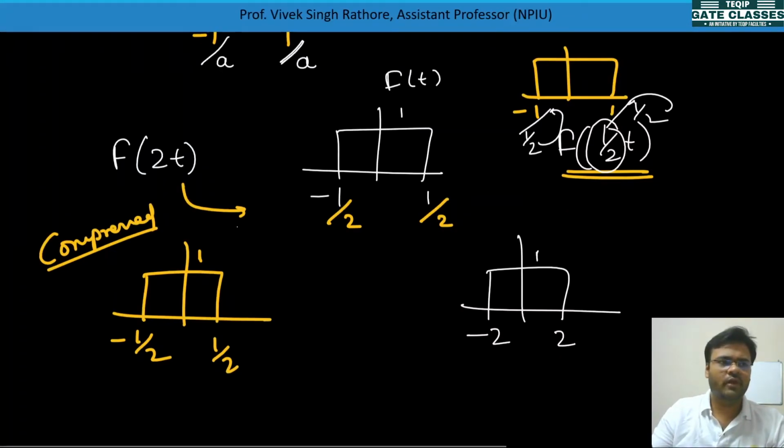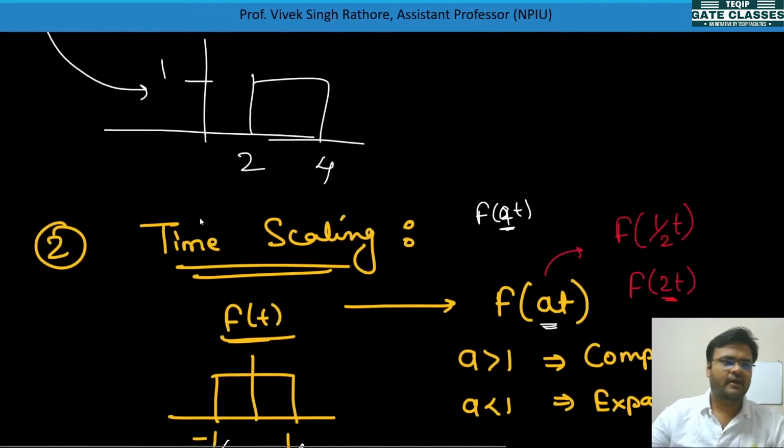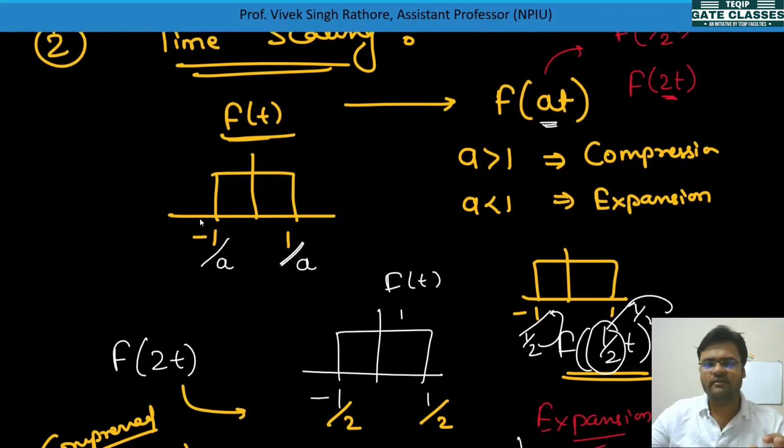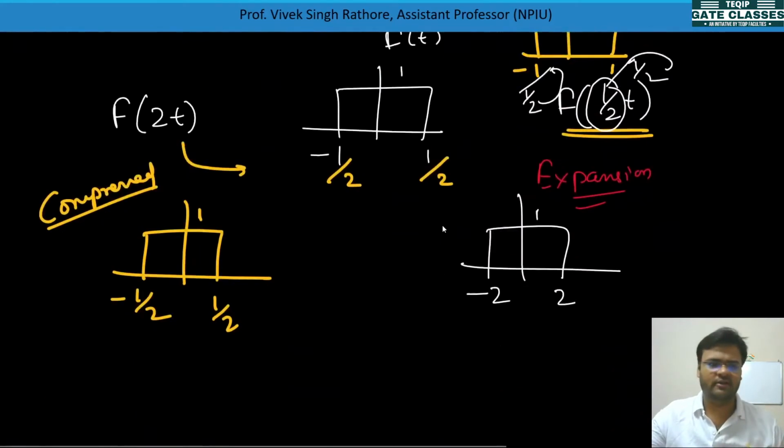So you will get to know that this signal which was earlier -1 to 1 is now -2 to 2. So this signal has been expanded. So what I was saying is that whenever we do time scaling, we need to see if a is greater than 1 or a is less than 1, and we can understand that this operation will compress the signal or it will expand the signal, okay.